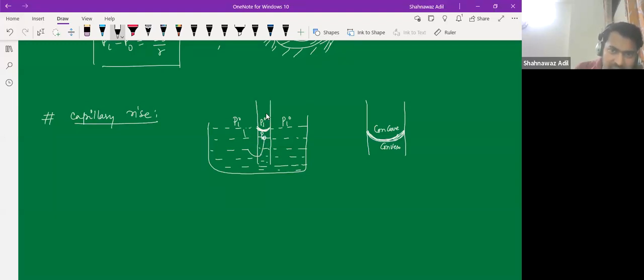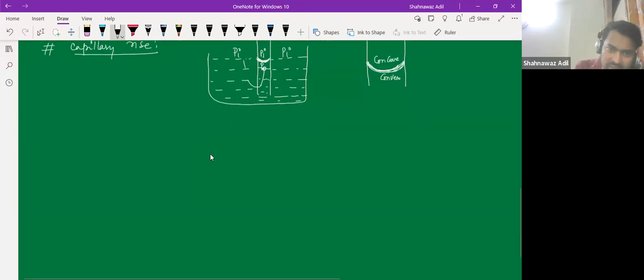So it will increase the height of this. So this pressure will put some pressure in this region and it will be increased. So the actual diagram would be this, right? The height will increase. So now the water will rise to this height.